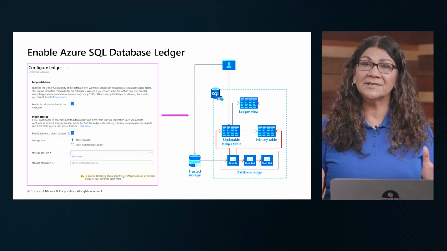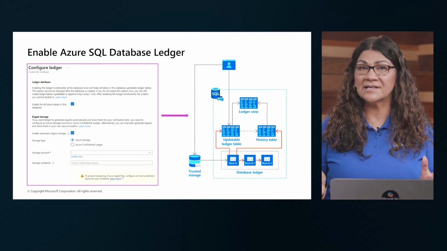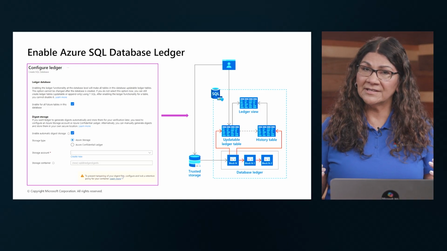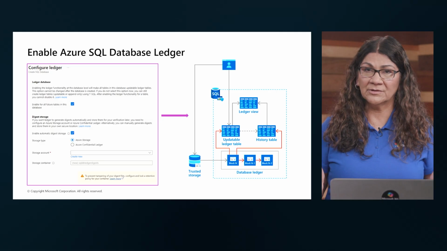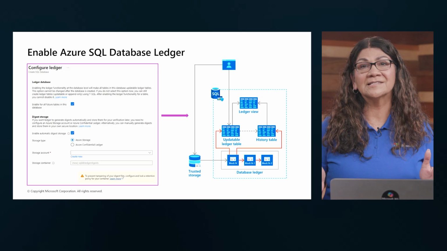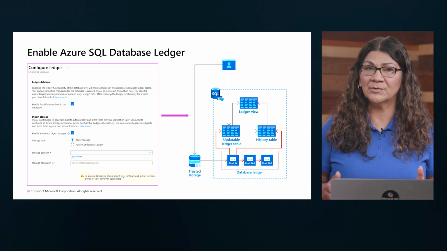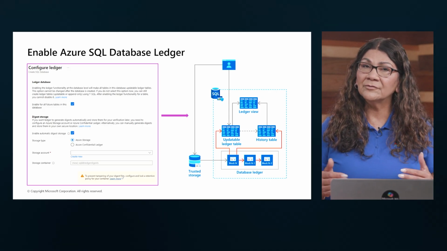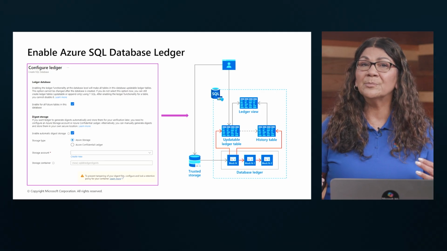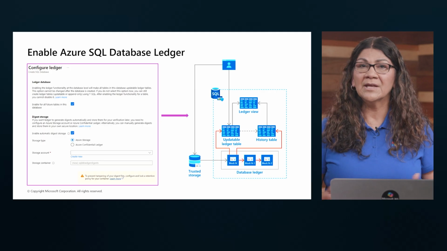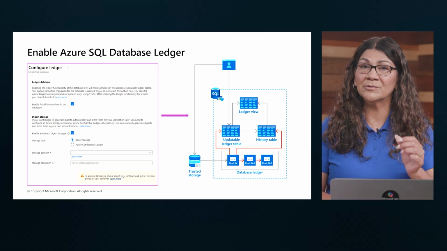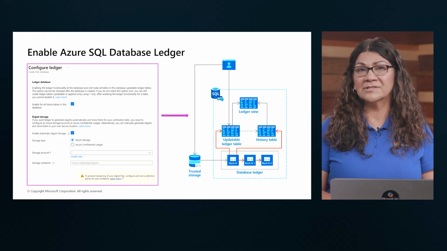Here we see how to enable and configure Azure SQL Database Ledger to ensure tamper evidence across all future tables in an Azure SQL database. By selecting the checkbox Enable All Future Tables in this database, every new table will automatically be created as an updatable ledger table, even without explicitly specifying LEDGER = ON in the CREATE TABLE statement.